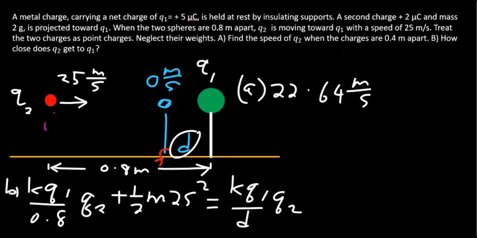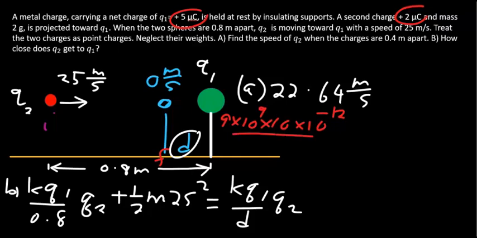So K is a constant. It's 9 times 10 to the power 9. Q1 times Q2 is 5 microcoulomb times 2 microcoulomb. So that's going to be 10 times 10 to the power minus 12, because 1 microcoulomb is 10 to the power minus 6 coulomb. Divide by 0.8, plus half, mass is 2 grams, so 2 times 10 to the power minus 3, times 25 squared.